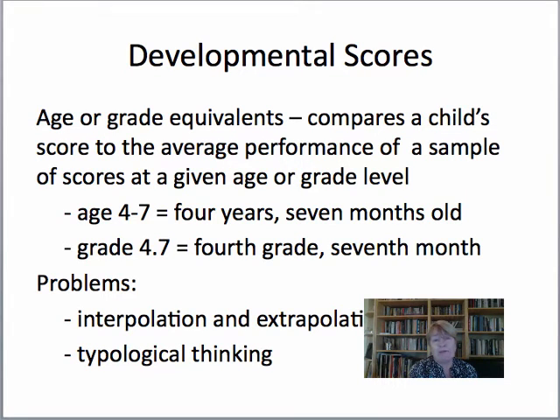Does that mean that they read like a fourth grader or that they can handle subject matter material like a fourth grader? Not necessarily. Likewise, a student who's in 6th grade who's reading at the fourth grade, 7th month level is not necessarily performing lower in all tasks than what their age expectations would be. They just received the average score of a fourth grade, 7th month student.